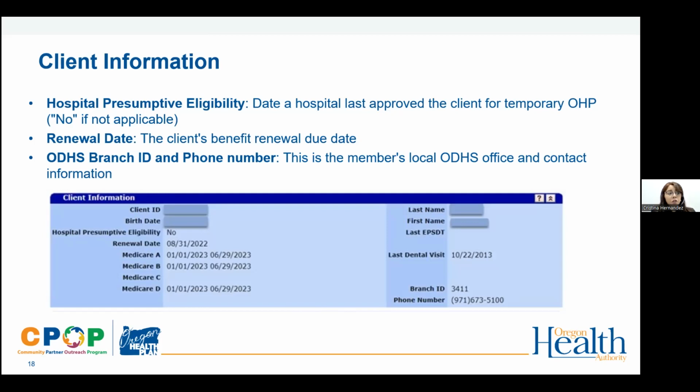I think that's really helpful if you're working with an eligibility worker or there's something specific to that case where you want to talk to somebody from that branch directly; you could call that number. And I think that's especially helpful if you're working with folks receiving services through Aging and People with Disabilities, and you need to contact their caseworker there. So that's a good phone number to have.